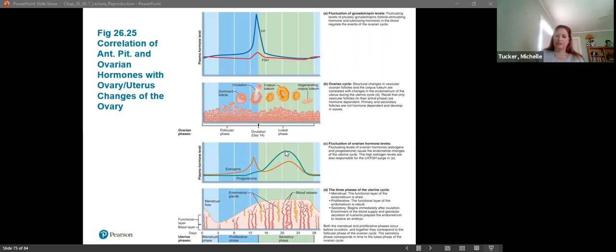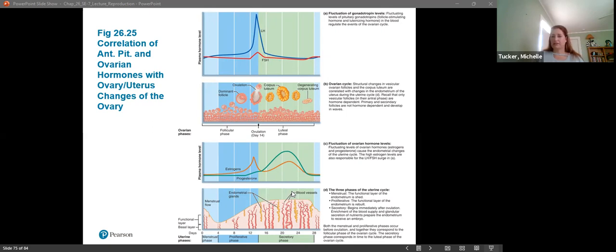The progesterone is going to play into the uterine cycle. The stratum functionalis has progesterone receptors. So as long as there is progesterone present, the functional layer will stay intact and start to become secretory.